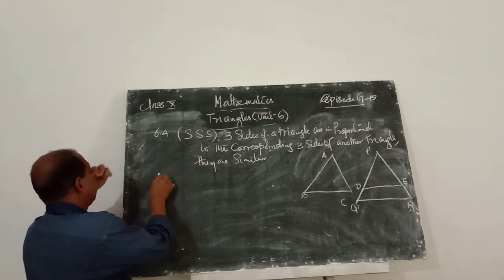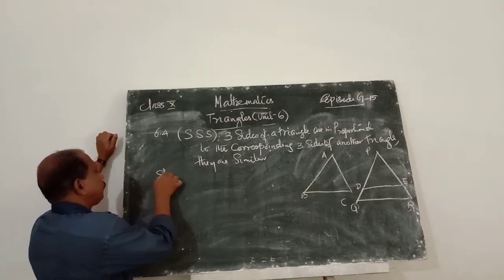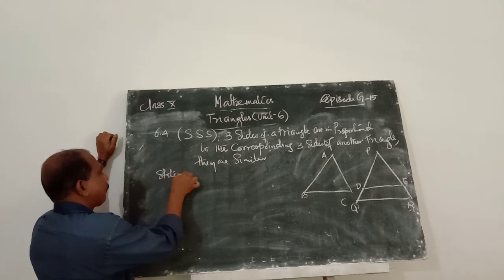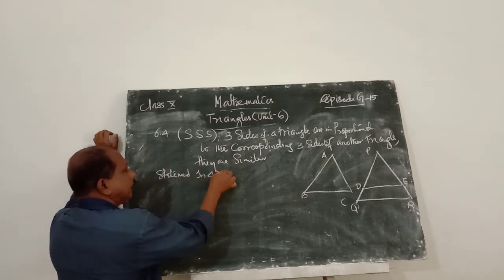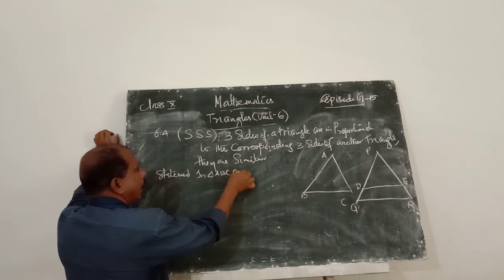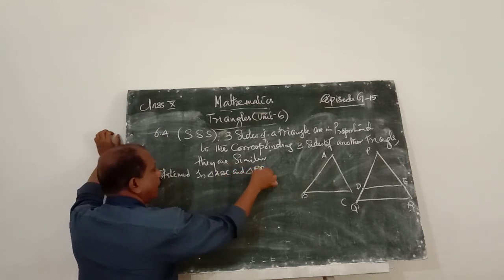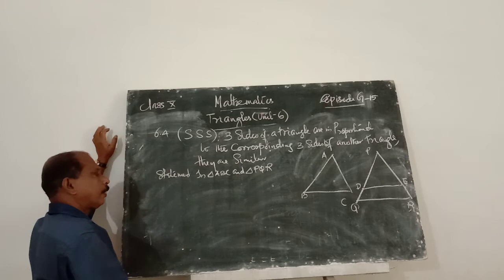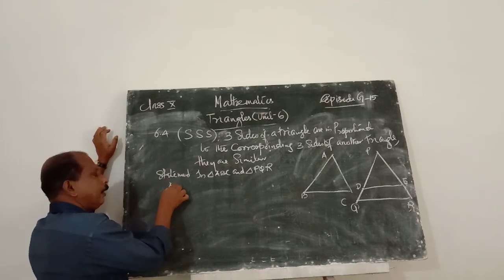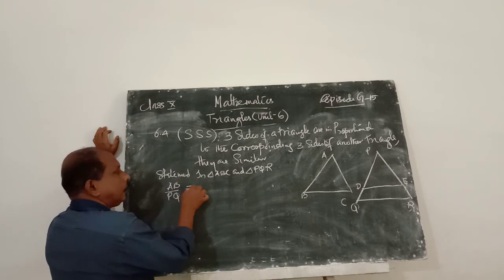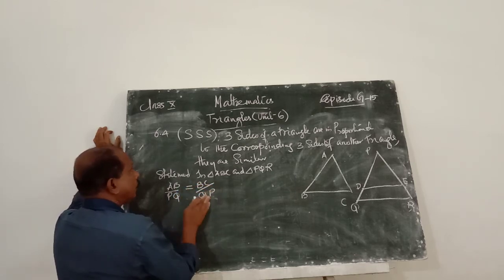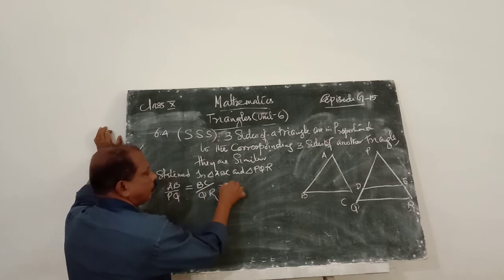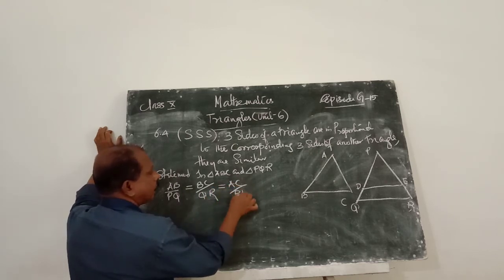That is the statement. In triangle ABC and triangle PQR, AB by PQ is equal to BC by QR is equal to AC by PR.